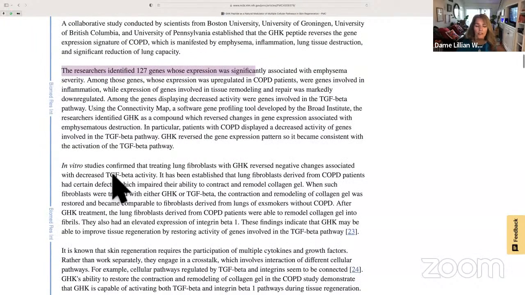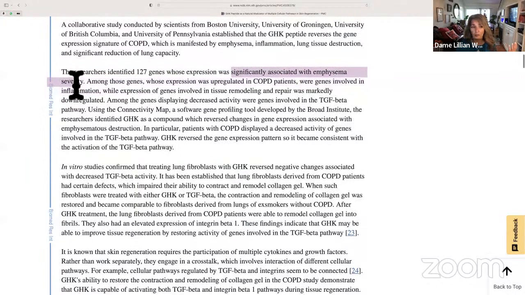So this particular paper says here that the researchers identified 127 genes. If you don't know, I will let you know now that there are 23,688 genes in the human body. And of those 23,688 genes, they're talking about 127 genes whose expression was significantly associated with the emphysema severity that these people were experiencing.